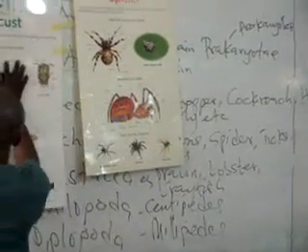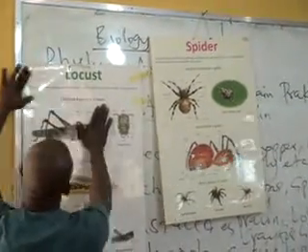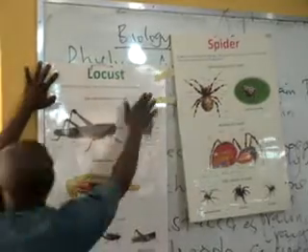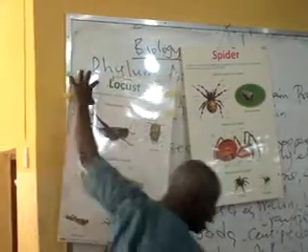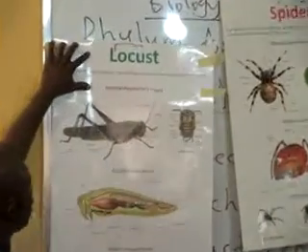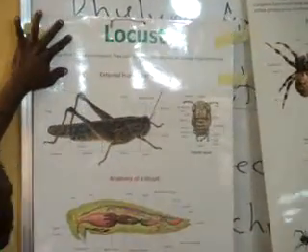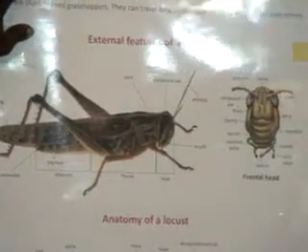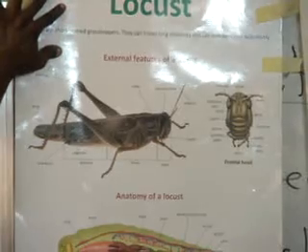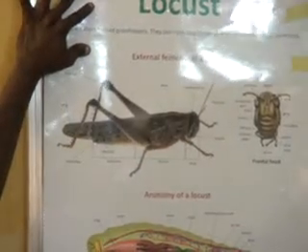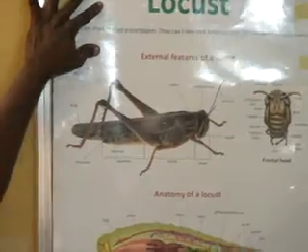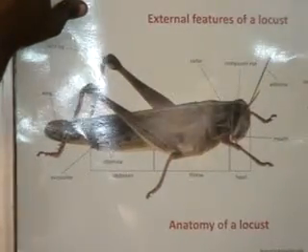Now, I have two classes of organisms here. This is a locust, or what is generally called a grasshopper. We have different types. We have those that are variegated. We have brown ones. We have desert locusts. There are different types of locusts, but they have the same main body plan.